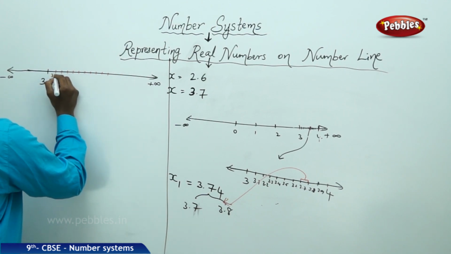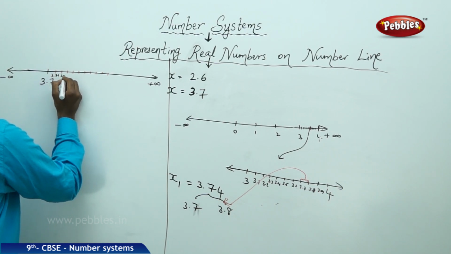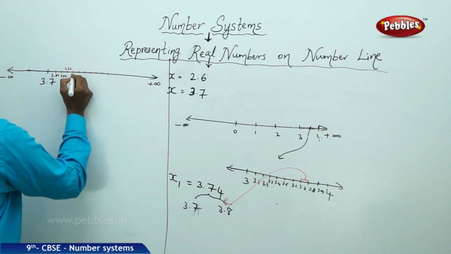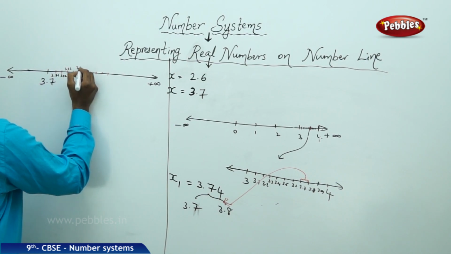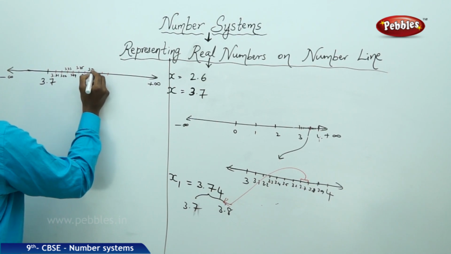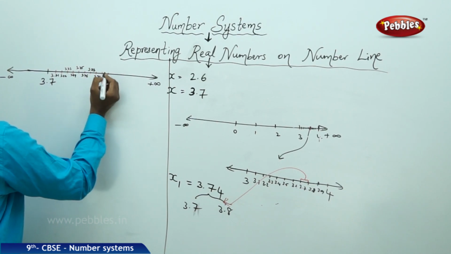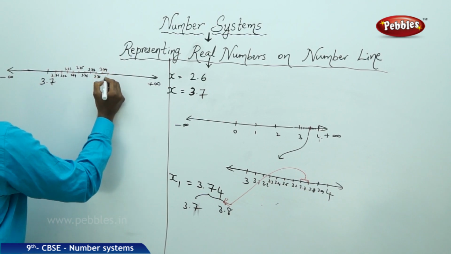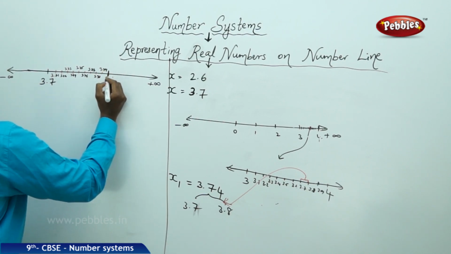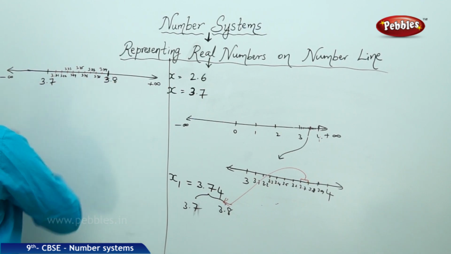So I get this to be 3.71, 3.72, 3.73, 3.74, 3.75, 3.76, 3.77, 3.78, 3.79, and this is finally 3.8.